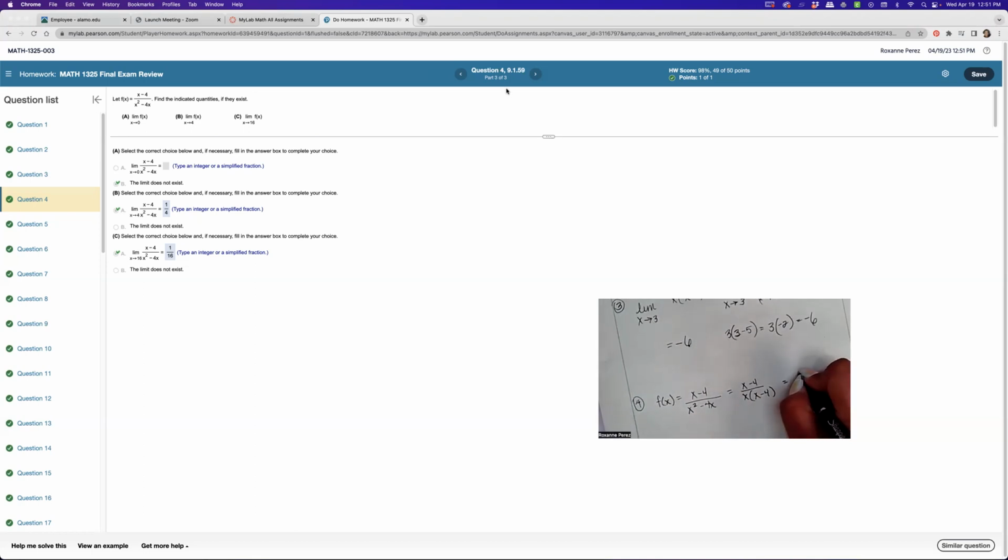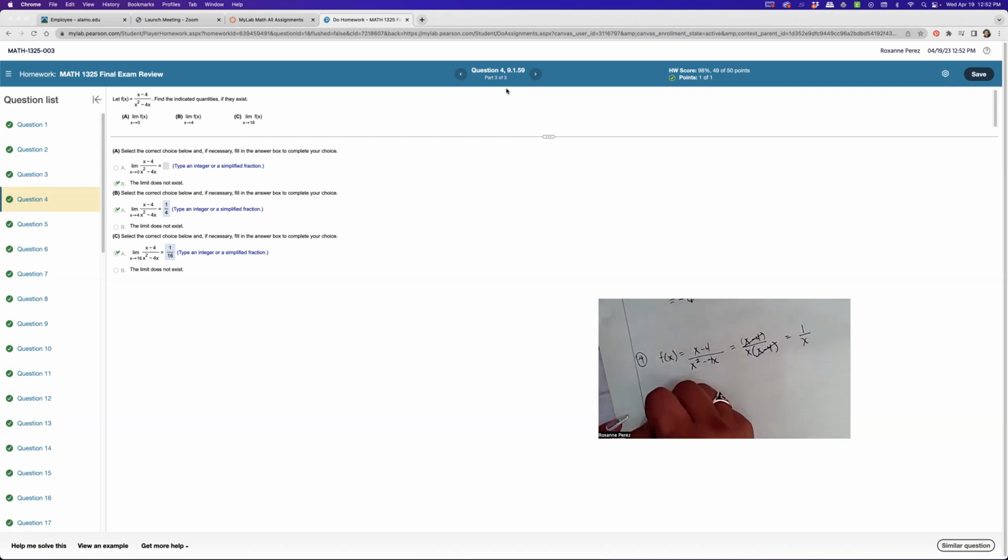So that leaves us with 1 over x. This factor is going to cancel this factor. Okay, so now let's look at part A. So part A is evaluate f of x as the limit approaches 0.